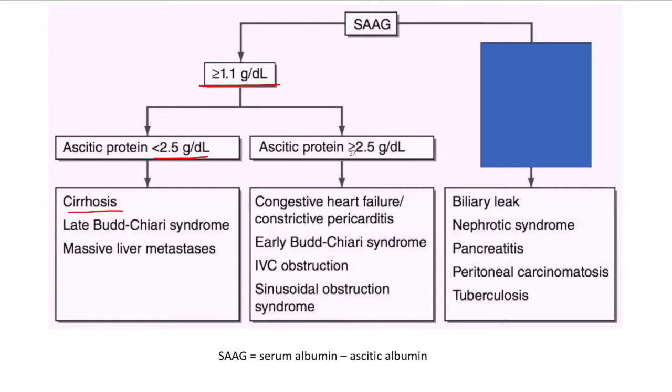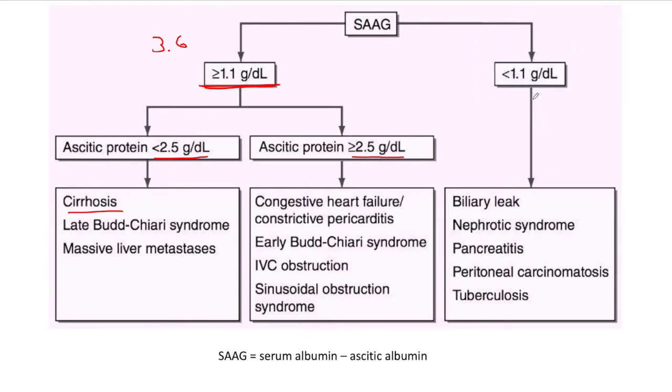We can have acidic protein with a high protein concentration, but if we have a high protein concentration in acidic protein, that means we must have an even higher protein concentration in our serum, right? Because for you to have greater than 2.5, but your SAAG is still greater than 1.1, that means your serum concentration must be at least 3.6. Okay, and that's high for your serum protein concentration. So congestive heart failure, constrictive pericarditis, IVC obstruction, sinusoidal obstruction syndrome, these are all sort of the cases there.